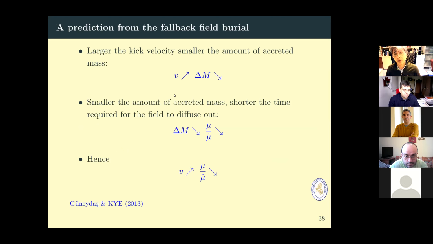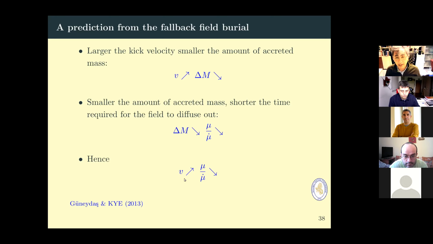And that means the following: if the neutron star gets a large kick, delta M, that is the amount of mass accreted onto the crust, is small. And if this is small, the field growth time will be short, simply because there's a thin layer.